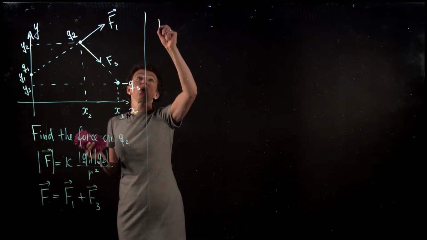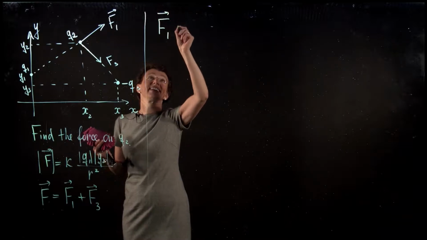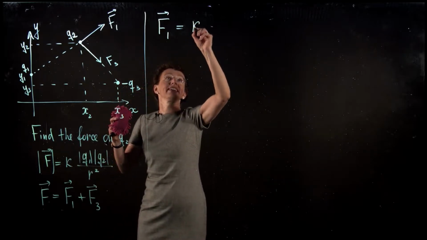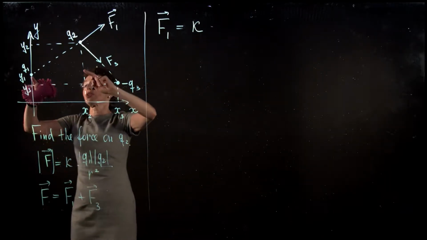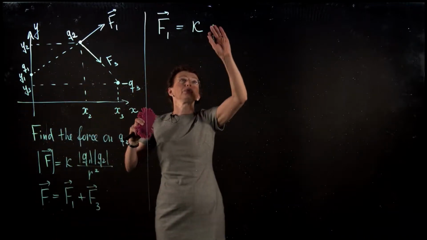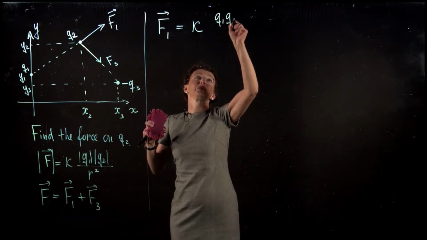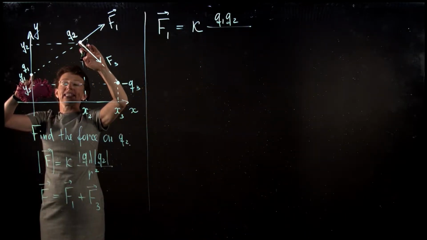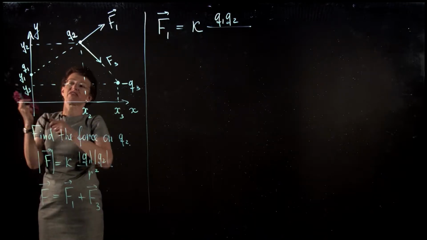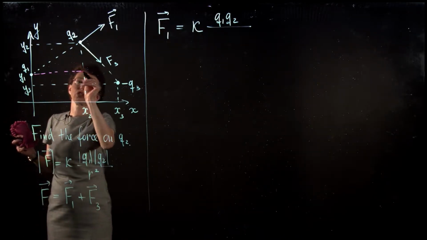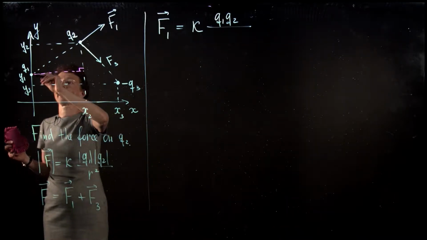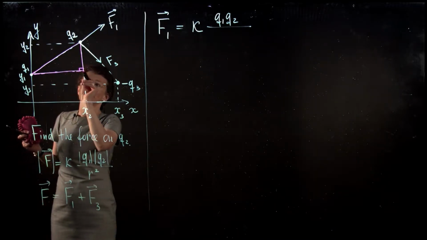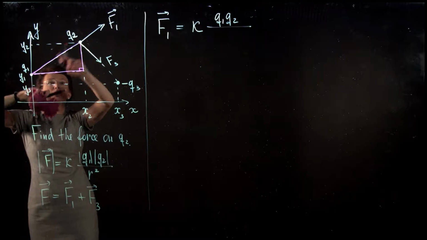We will start with F1. Magnitude of force F1 will be coefficient k, according to this law. Then product of Q1 and Q2, divided by distance between them squared. To find distance, we will use this right triangle. So I'll draw this line that is perpendicular to y, and then we will use this right triangle to find the distance between two charges.